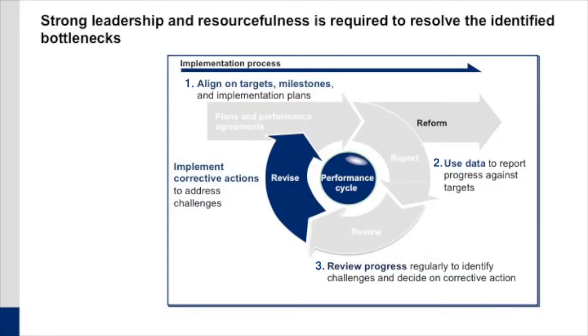The last step in the performance management cycle is the revision and implementation of corrective actions. Based on the challenges identified, such as the constraints in the preventive efforts in malaria eradication, you have to come up with corrective actions to do something about it. This is the value of the performance management cycle.